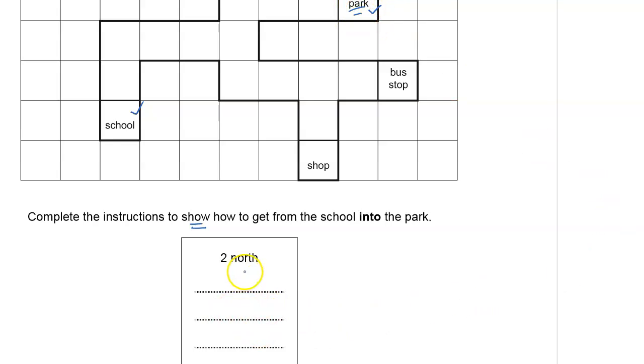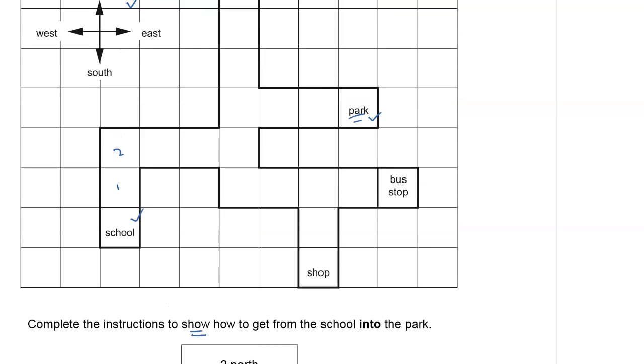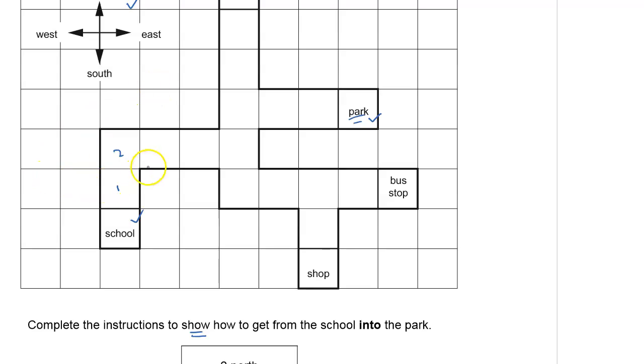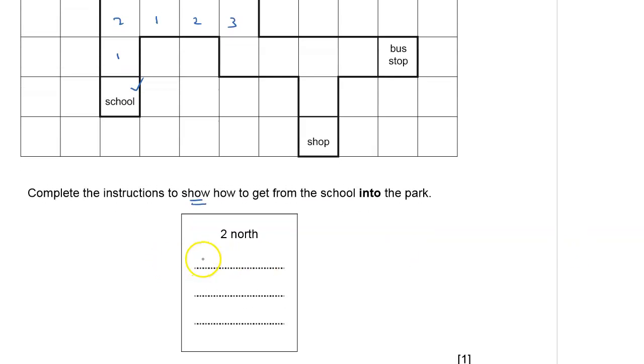Therefore, the first one has been done for us. To the north from school, move 1 north. From there, we move again 1, 2, 3, but east. So this will be 3 east.